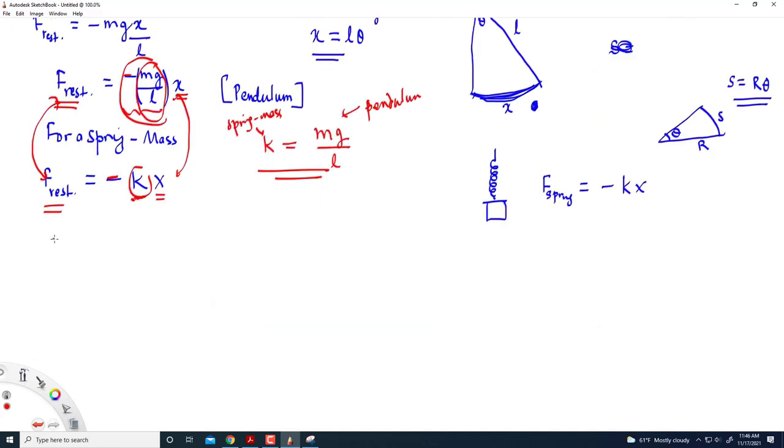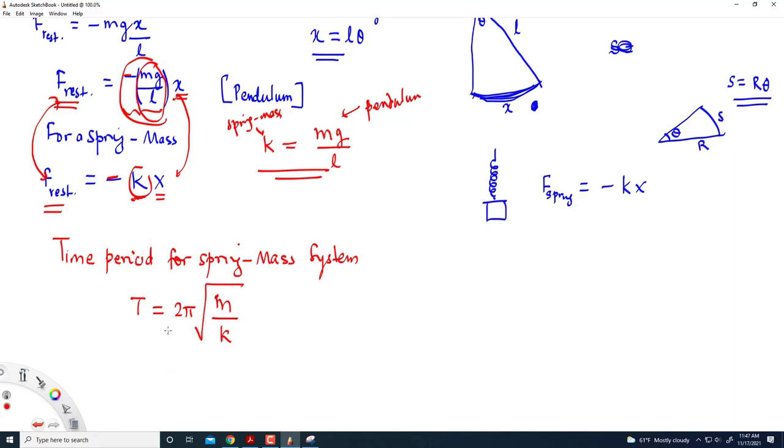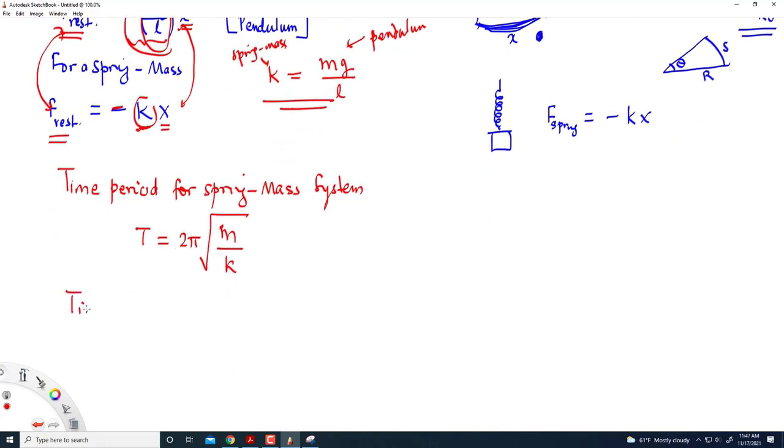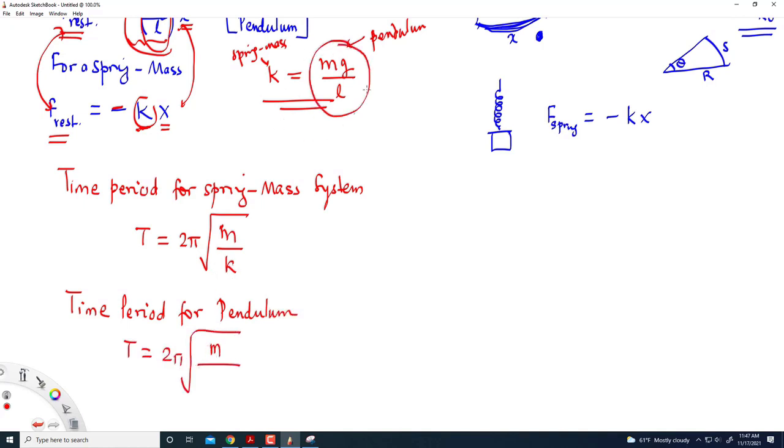That means if the time period for a spring mass is given by 2 pi square root of m over k, then the time period of the pendulum would be 2 pi square root of the mass of the pendulum over k, and this k would be replaced by mg over L, because for the pendulum, this spring constant is mg over L.